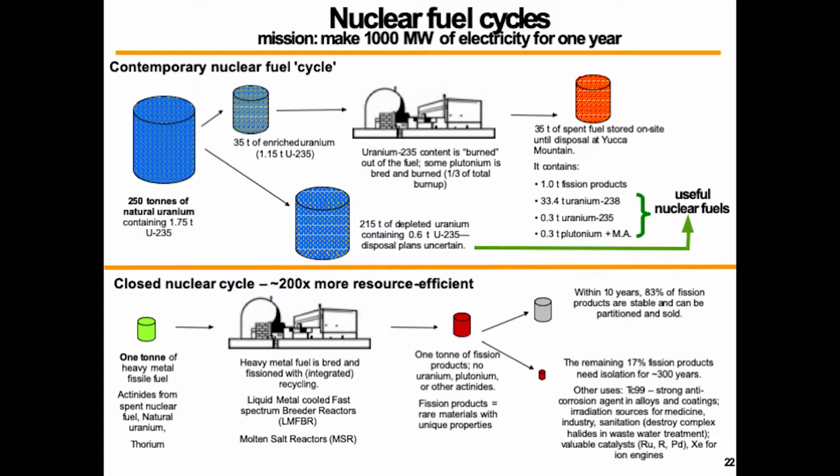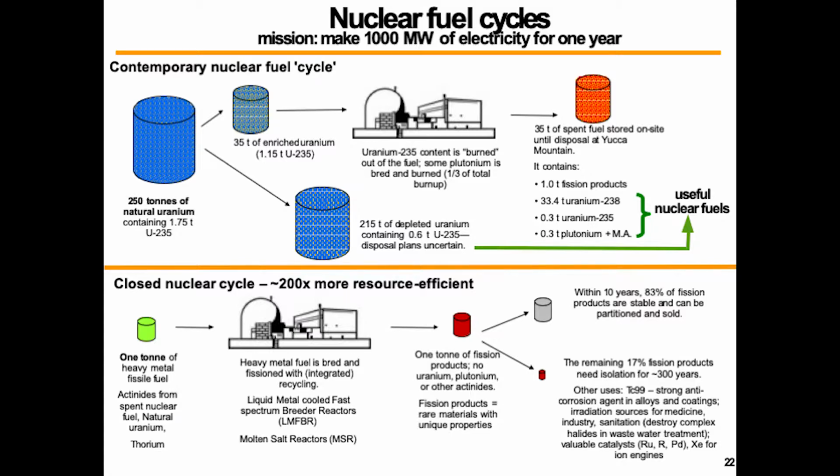We end up with depleted uranium and enriched uranium. 35 tons of the enriched uranium is sent to a regular reactor where we burn it. We end up with 35 tons of spent fuel that needs to be handled. Out of that 35 tons, we have 1 ton of fission products, almost 34 tons of uranium, and about 300 kilograms of plutonium and higher actinides.